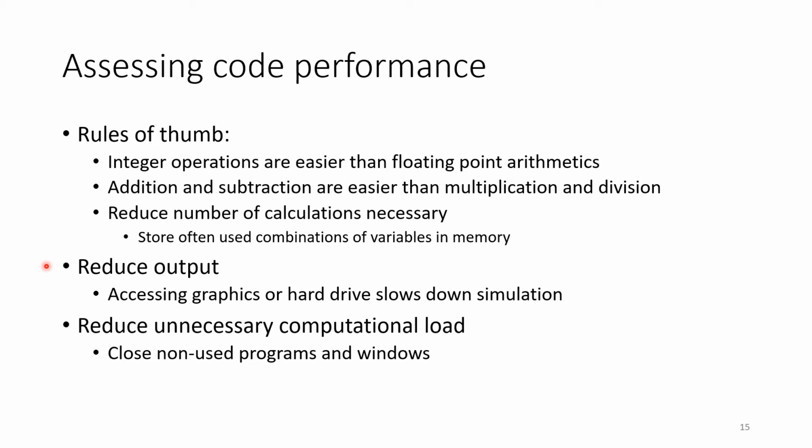The graphical processing unit will generate the output and talk to your screen. There's a lot of things going on below, and actually you just want to have your computer run. So if you reduce the graphical output, you go much faster than if you have a graphical output every time.